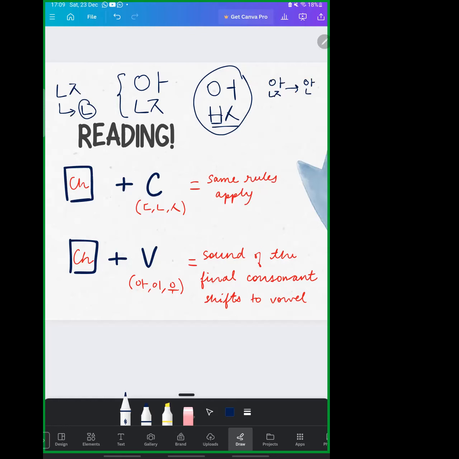But when does the pronunciation change? We'll use the same examples. When this whole character is joined with a consonant that comes afterwards, like in the three examples I've given, the pronunciation remains the same.